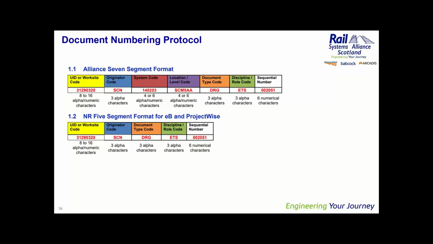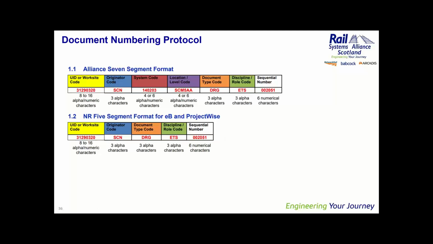The 7-segment numbering format always starts with a project number, then an originator, then a volume or a system, we've called it that because it is a systems alliance, a level or a location, a document type, a discipline, and a sequential number. If you're familiar with Network Rail projects, you will recognise that they have a 5-segment number used in EB and ProjectWise, and the 5-segment number skips out the system or the volume and the level and location, and otherwise they're identical.